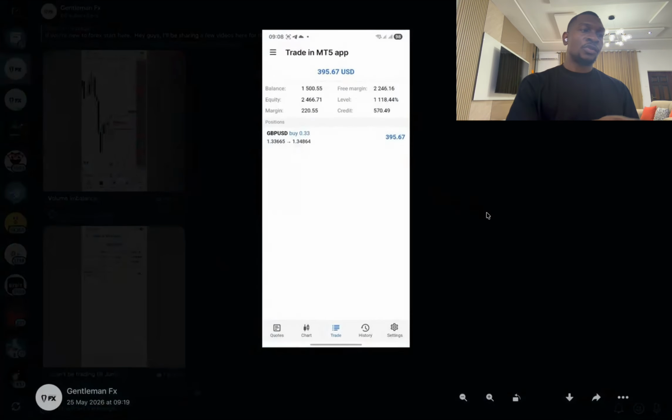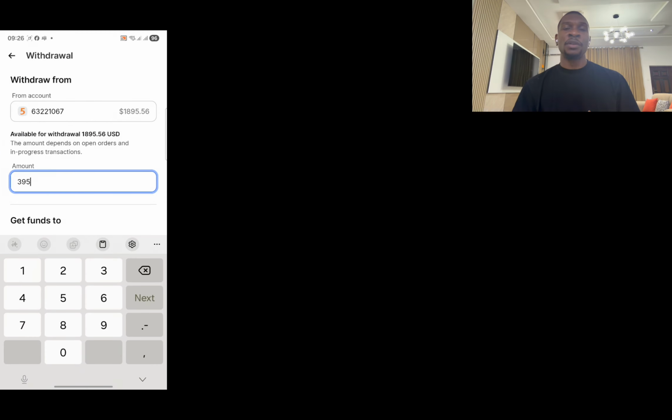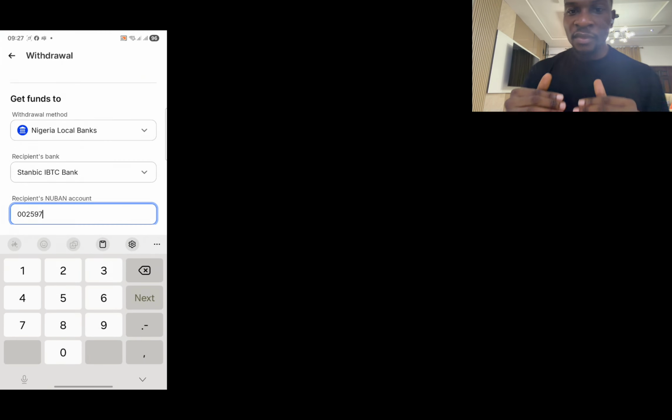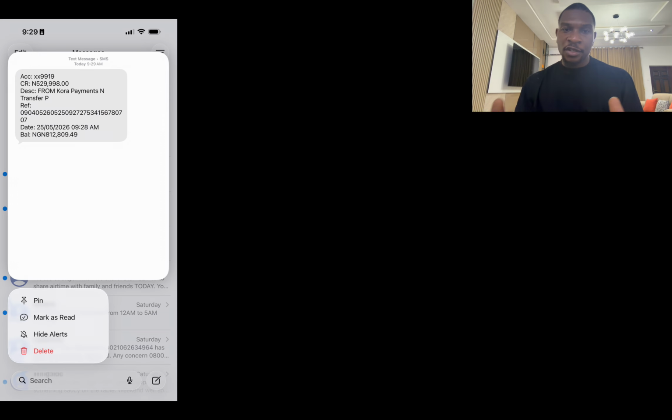And I will also show you me closing the trade just right here, and a screenshot of when I withdrew the money to my account. And this is where it gets interesting, right? Each trade I take, I target 1:3. All my trades are 1:3.